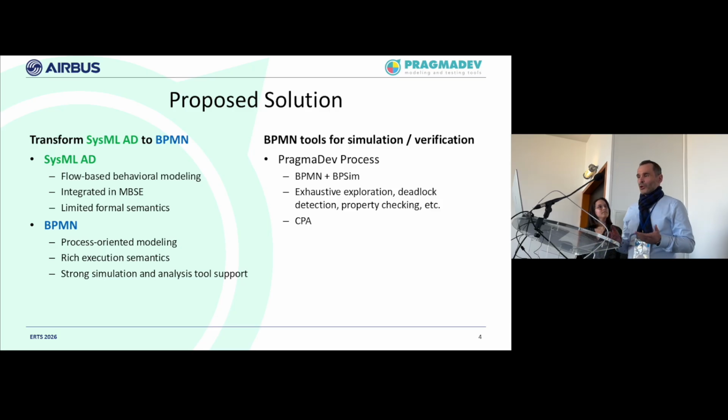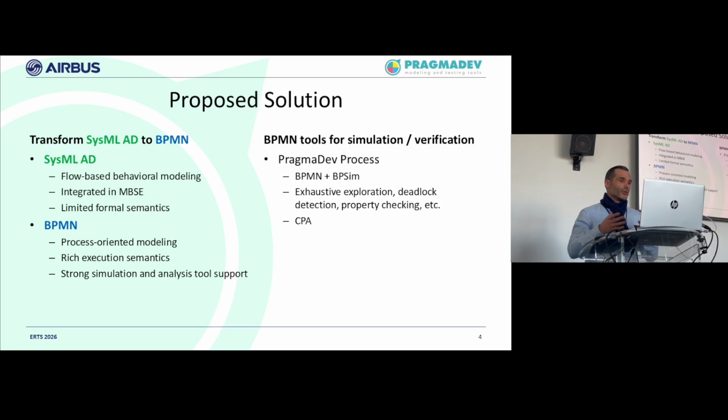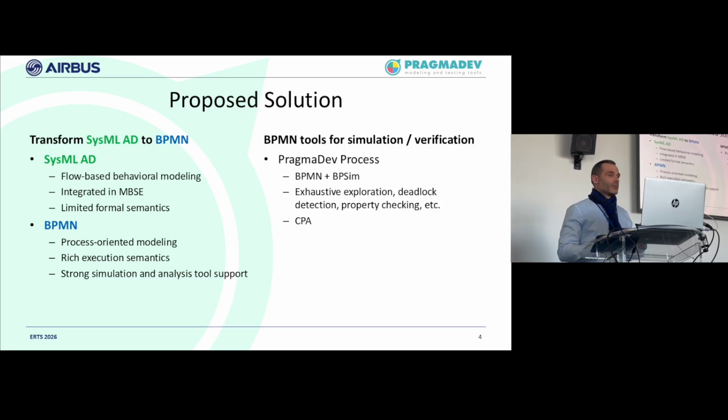So the solution in this case was to use model transformation so that we can go from the SysML models to the BPMN models. Why BPMN models? Because the tools are quite robust and have all the capabilities needed in this case.